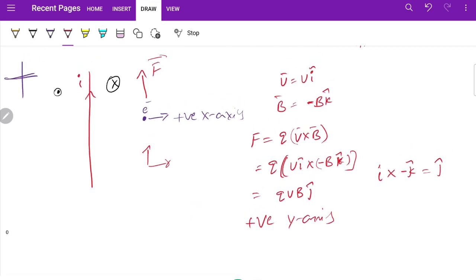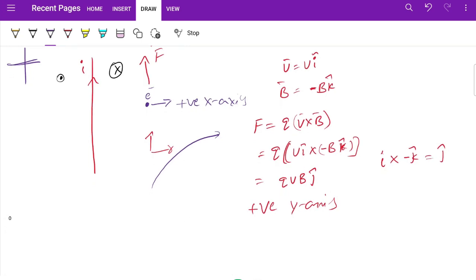So because of this, the particle will take a path like this. So this is important. We should understand the direction, the force acting on the particle, and also the final path of the particle. So these three are important.